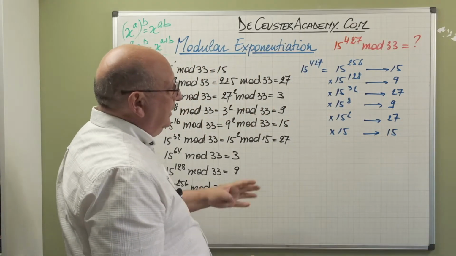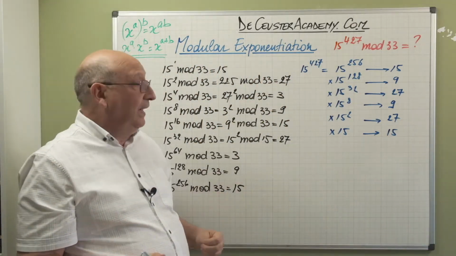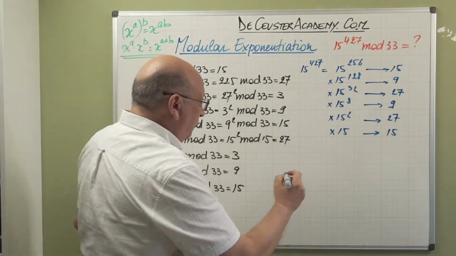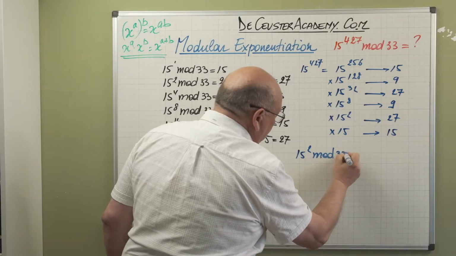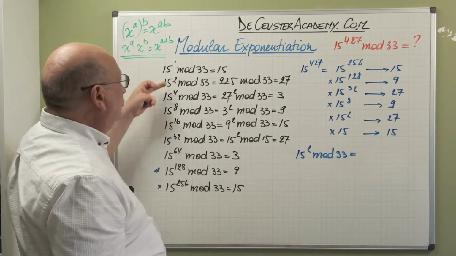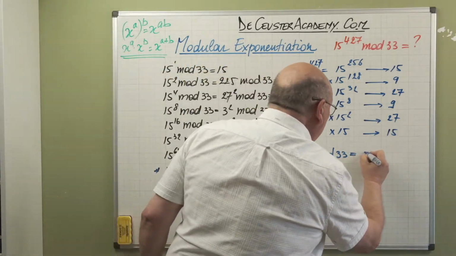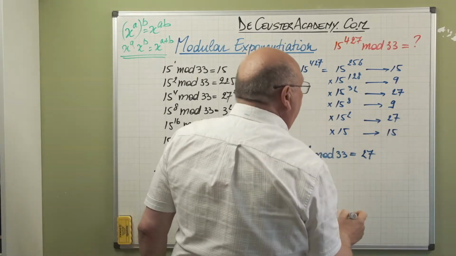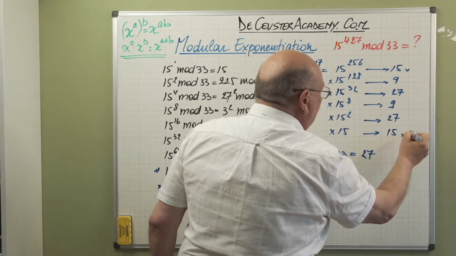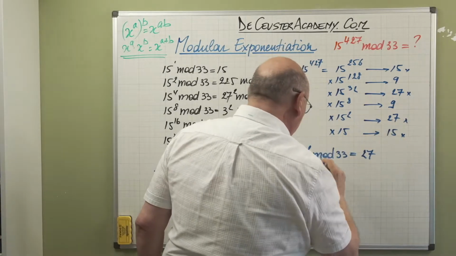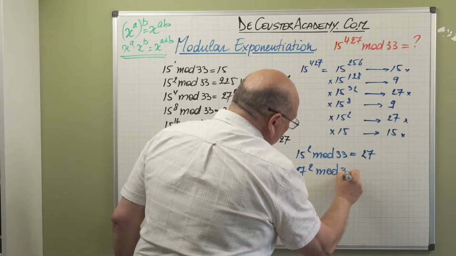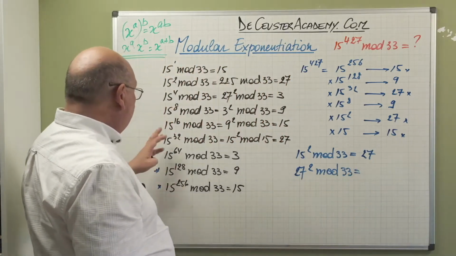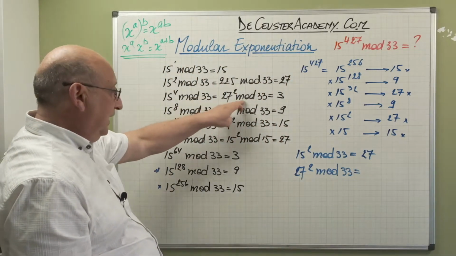Now I can look here at the numbers and I can combine them, so I can say 15 to the square modulus 33. 15 to the square, that's 27. Then I have this one and this one, then I have 27 and 27. 27 to the square modulus 33 is, where do we find 27?